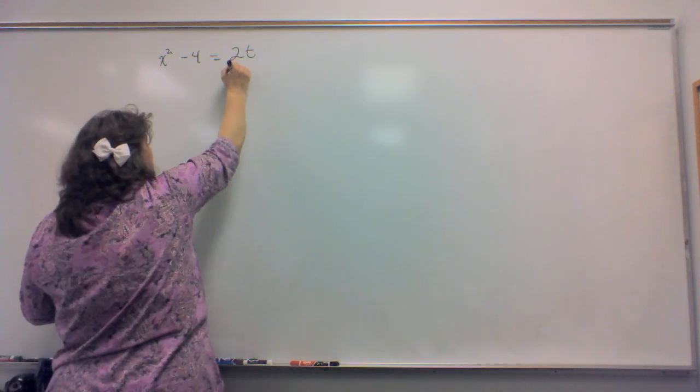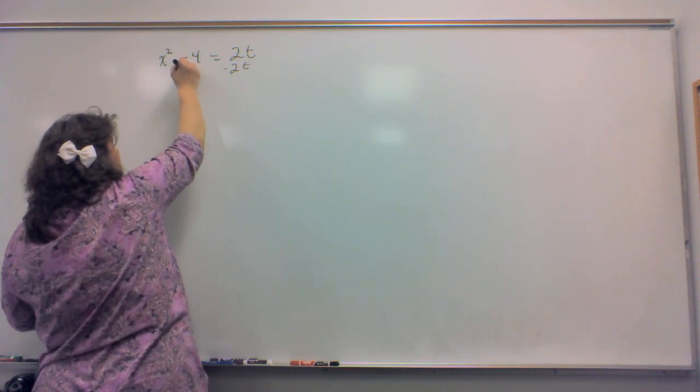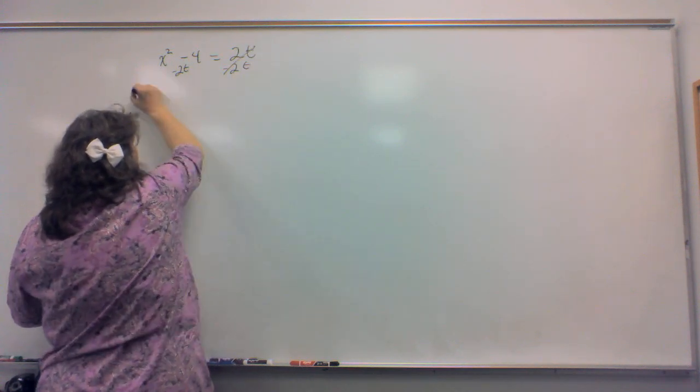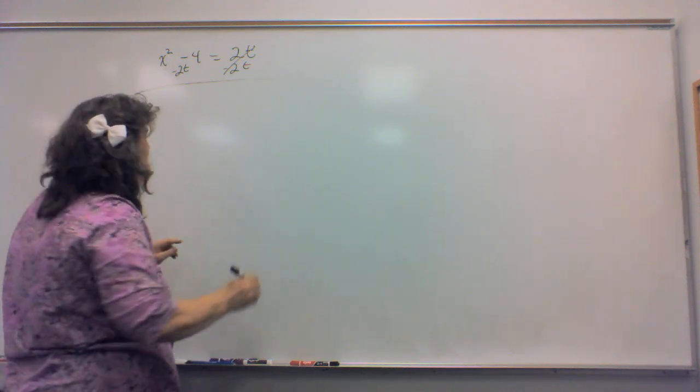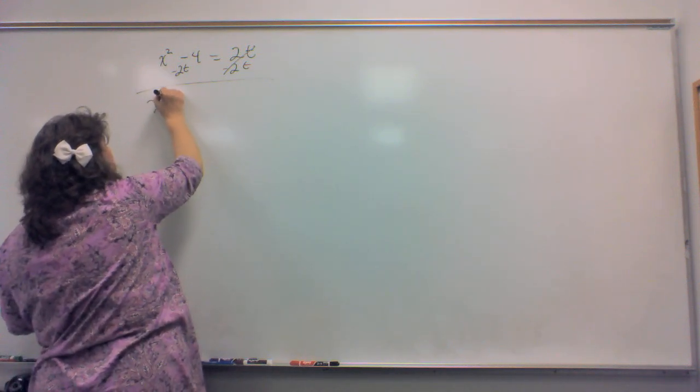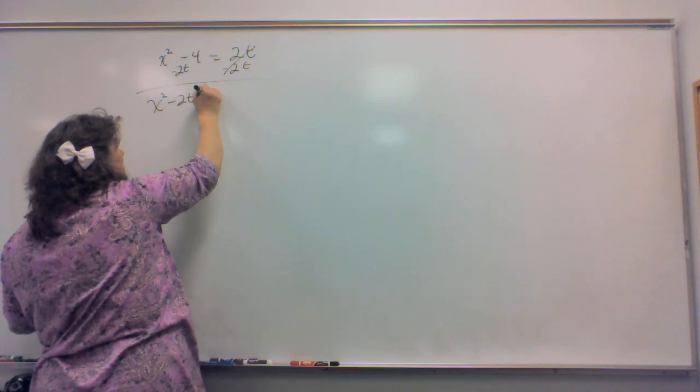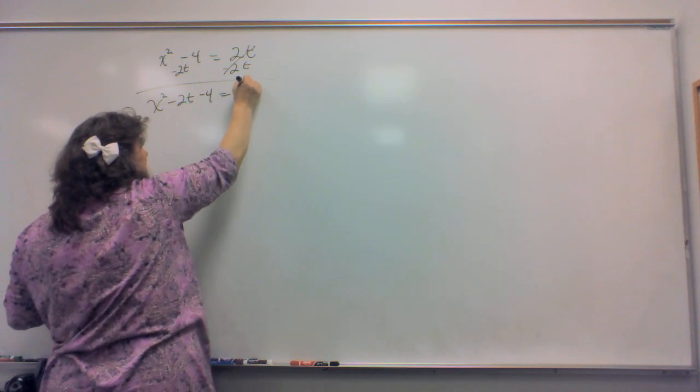So the first thing we're going to do is subtract 2t from both sides. And notice I stuck it here because it's not like terms with either one of them. So you have x squared minus 2t minus 4 is equal to 0.